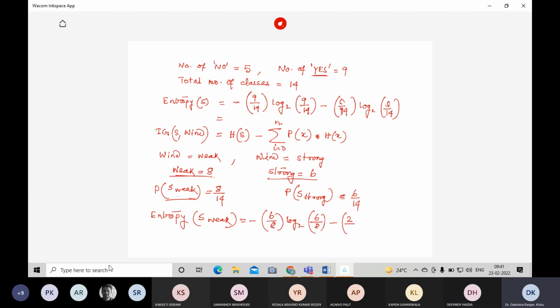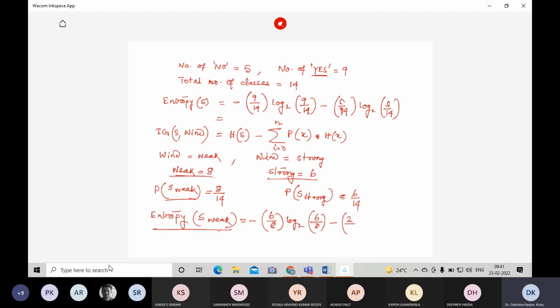Now you can see that after getting the probability over weak variables and strong variables, now we will get the entropy. Entropy over weak means out of 8, 6 are having yes decision and 2 are having no decision.